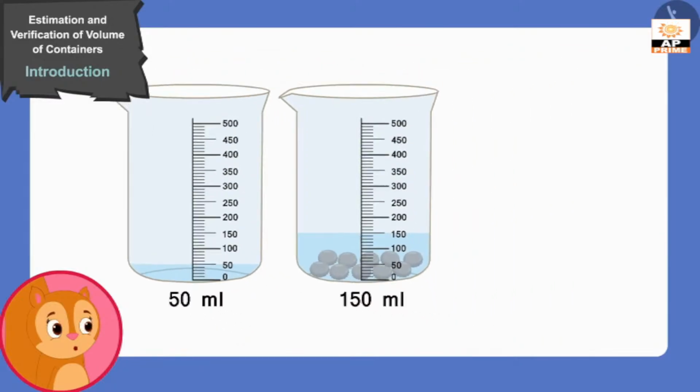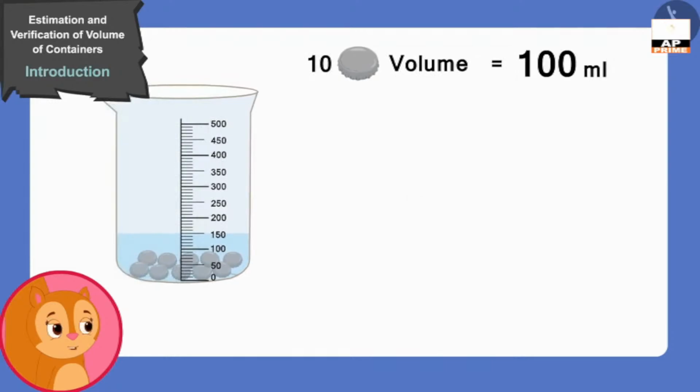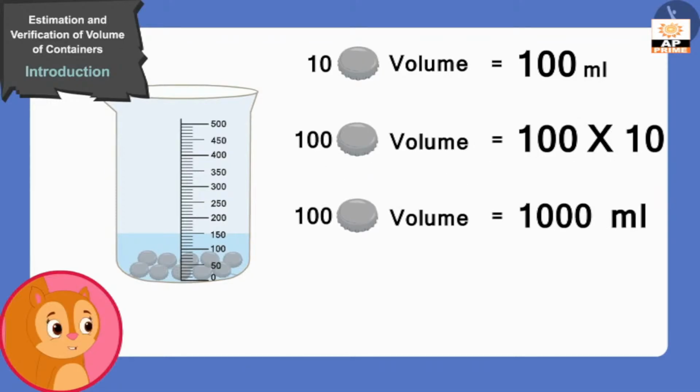That means the volume of 10 lids is 100 milliliters. And if the volume of 10 lids is 100 milliliters, then the volume of 100 lids will be 100 multiplied by 10, that is 1000 milliliters or 1 liter.